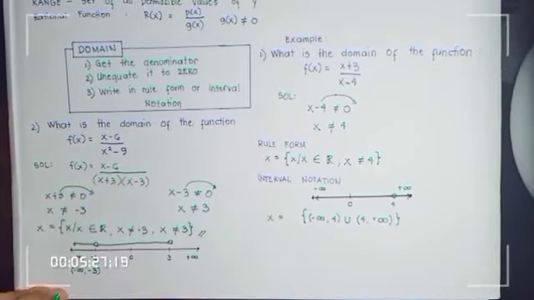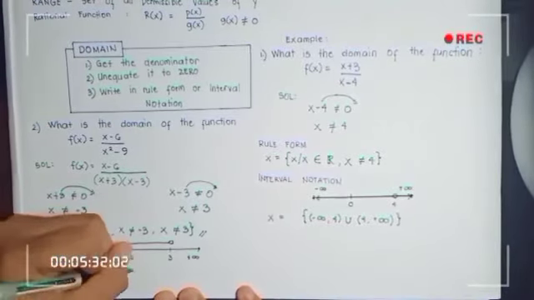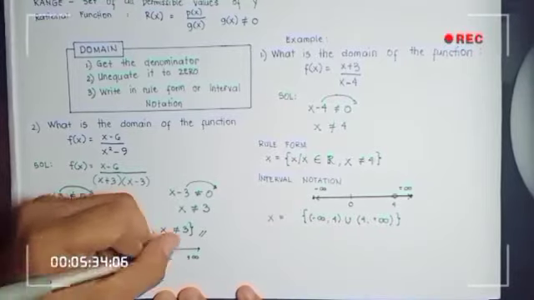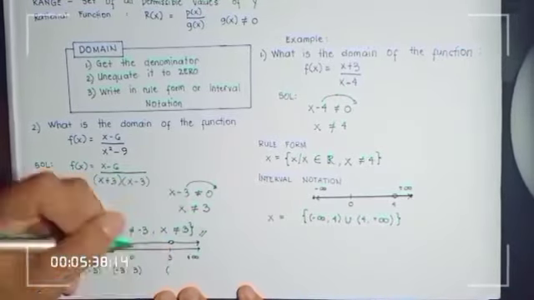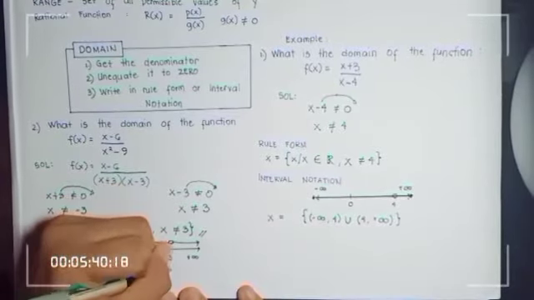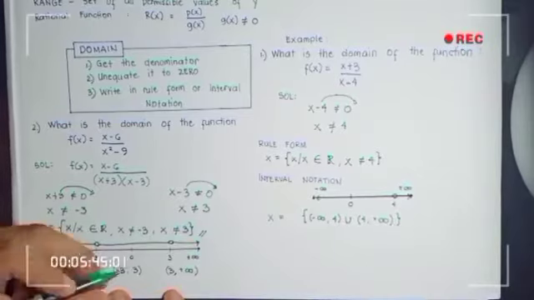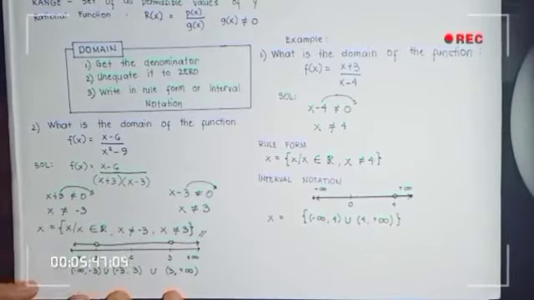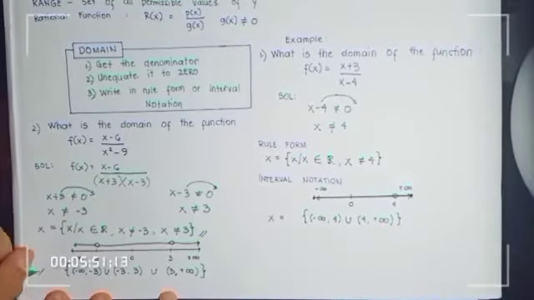And next, those numbers that are between -3 and +3. And next, we have 3 to +infinity. Again, 3 is not part of the solution. And then we get the union of these intervals. And that is already the solution set.